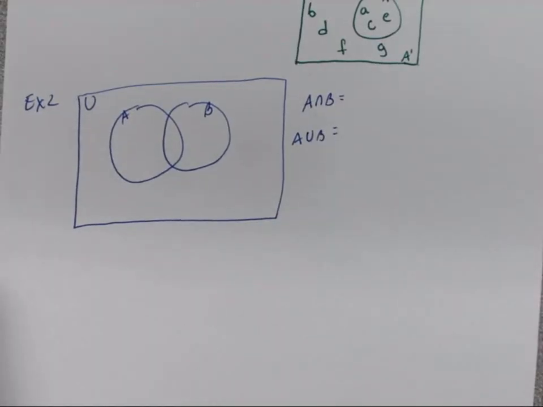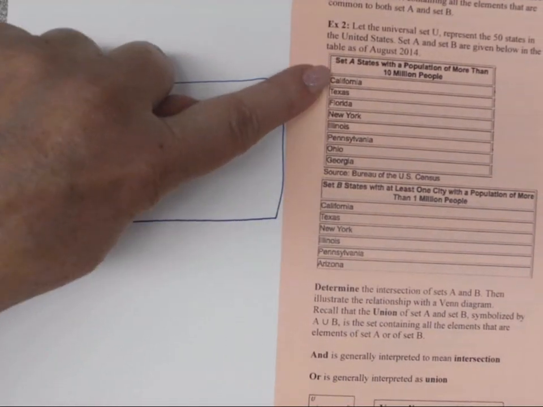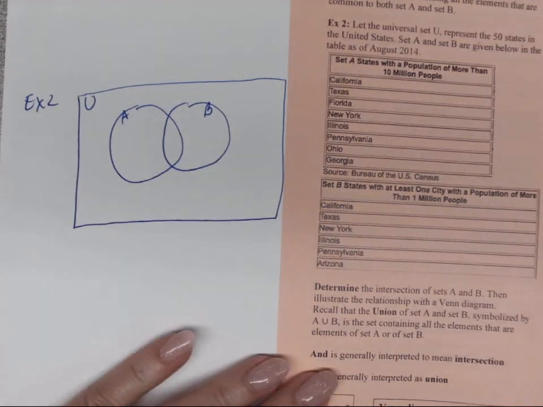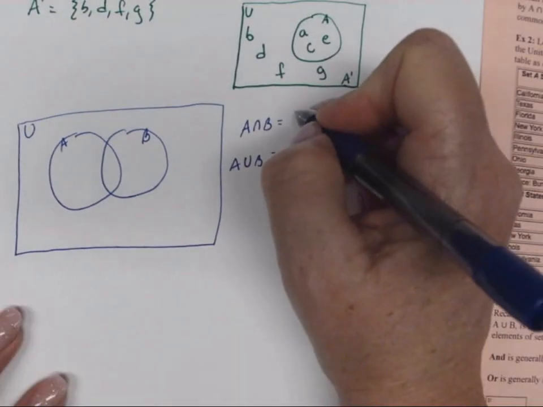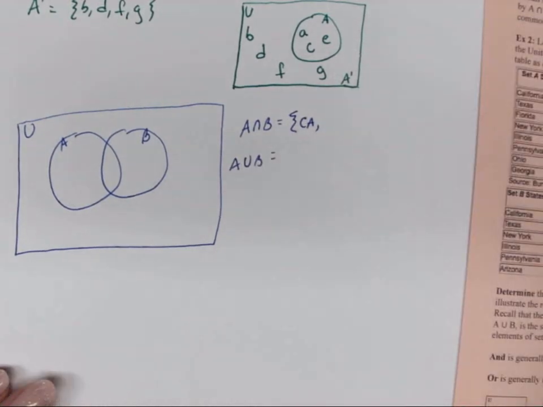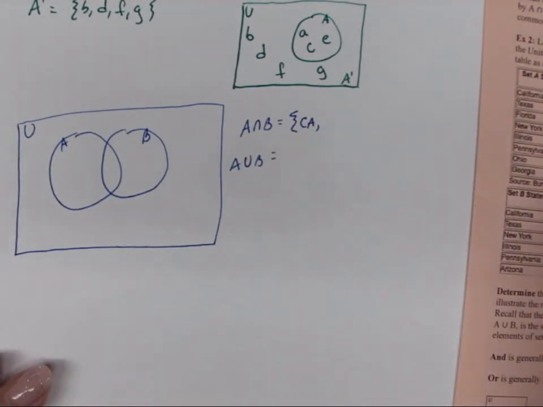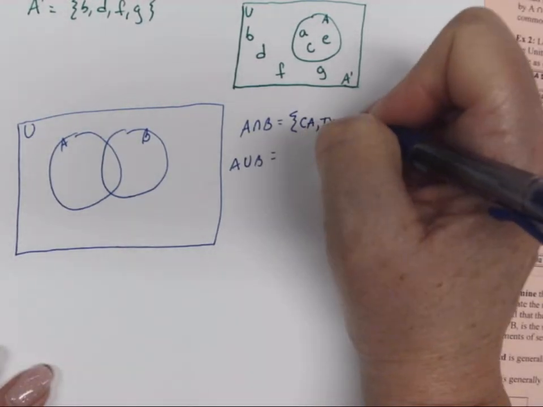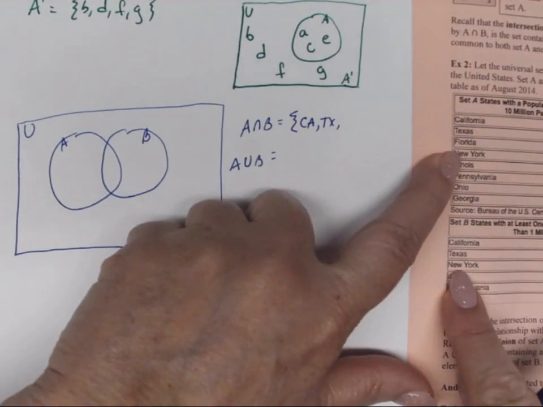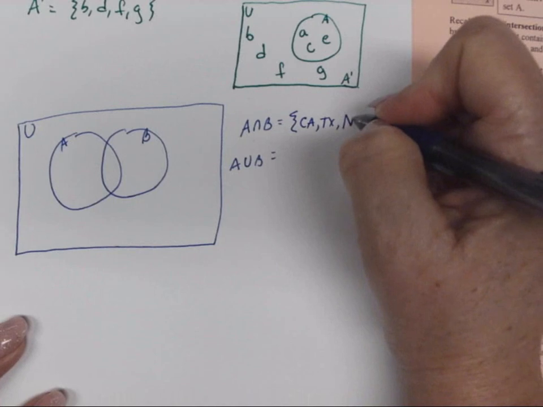All right, so the intersection is what they have in common. So when we're looking at this, they both have California and they both have Texas. So let's start with there. I'm going to use the abbreviations for the states. So California is CA and Texas is TX. And they both have New York, so that's NY.